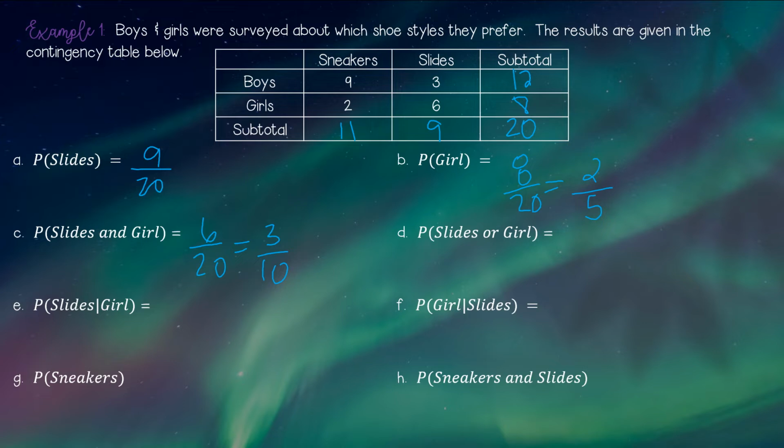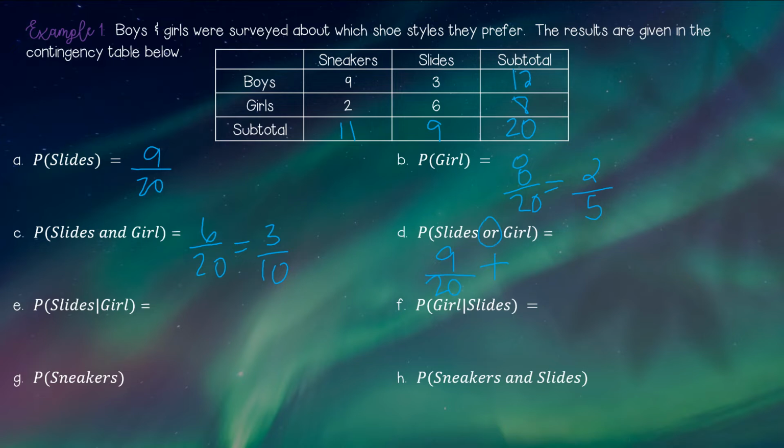Slides or girl, and the "or" can be a little bit tricky, so we need to find the probability of slides, the probability of girl, and then because there are girls who prefer slides, we need to subtract this out. So this is an overlapping event. So the probability of slides is, where's slides? 9 out of 20.